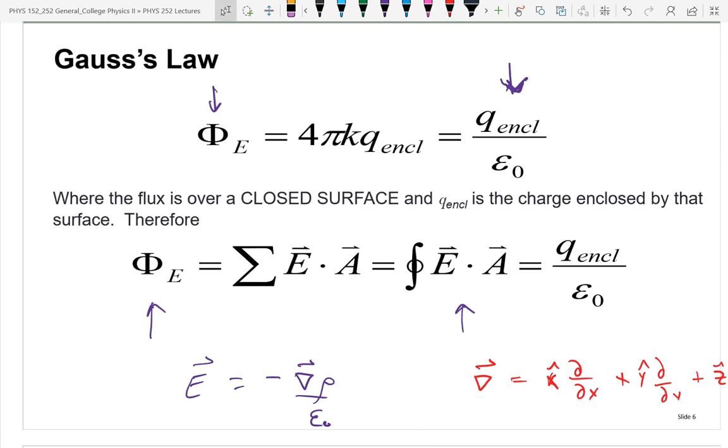Now do keep in mind that I wrote this down just from memory. That minus sign could be wrong. Can one of you actually look up the derivative form of Gauss's law, just because I don't want to leave it here and not have the correct form. I totally forgot to look it up before lecture.